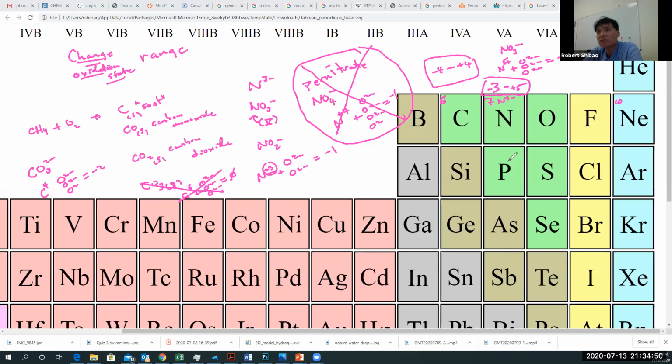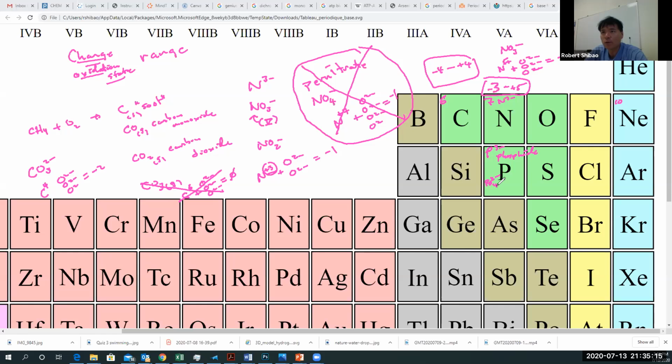For example, the max positive charge on phosphorus is +5, but it could be -3. So the charge on phosphorus varies from -3 in phosphide to +5 in phosphate. Now the +5, that's not the free atom. It has to be stabilized by having the oxygens there.